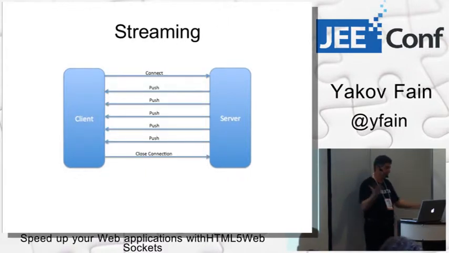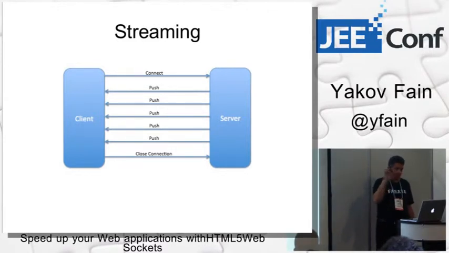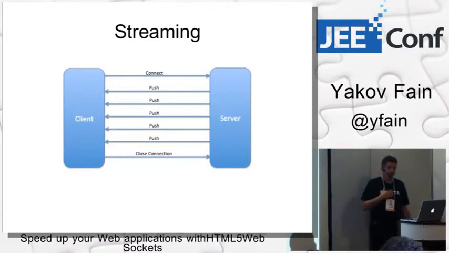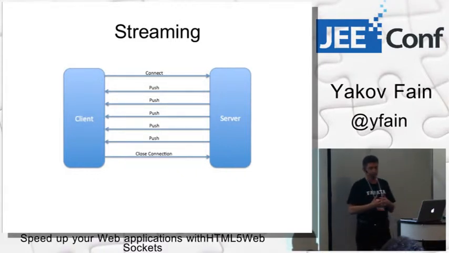Streaming, YouTube, right? Over HTTP. One connection in the beginning, the connection is being kept open, and frames of all these videos are pushed to you. It's called streaming. It's not a hack, it's also over HTTP. And it's fine from one point of view, but what's not good about it?